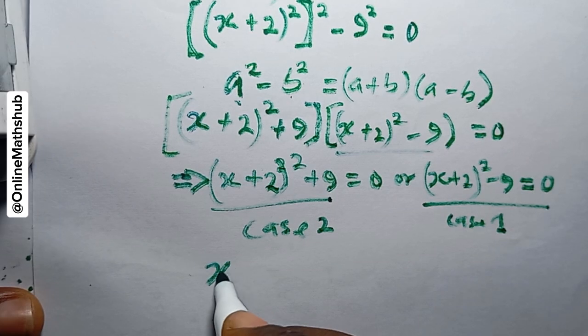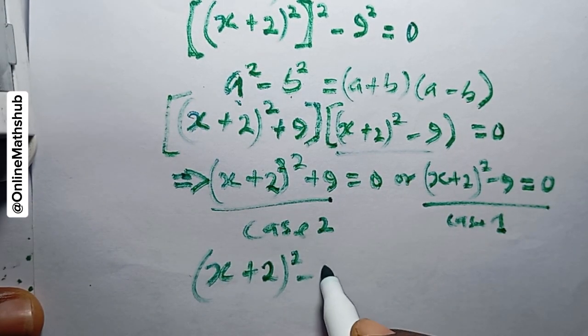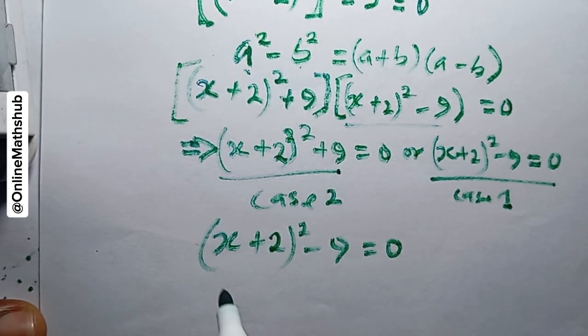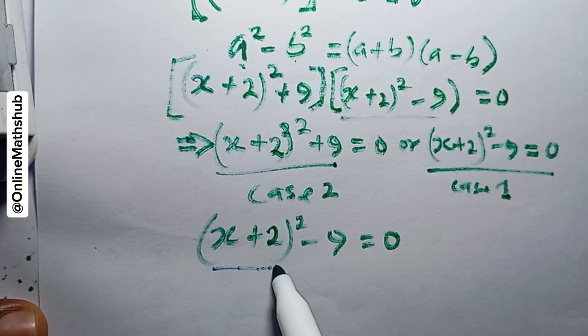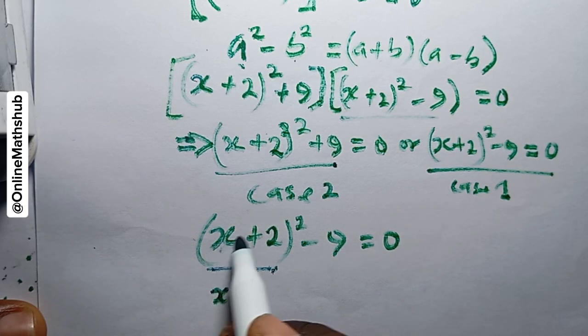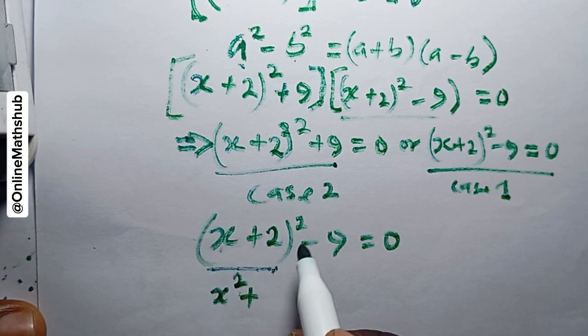Now if I pick case 1, (x + 2)^2 - 9 = 0. So I can go ahead and open this bracket, and of course if you've been following my videos, I'll give you the simple trick to always open this kind of bracket. You just raise the first term to power 2, so x^2, plus you use this 2 here to multiply the things inside the bracket.